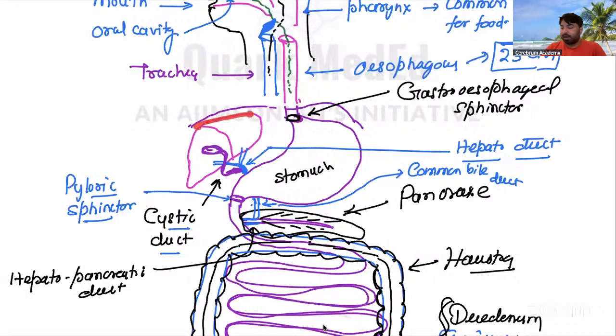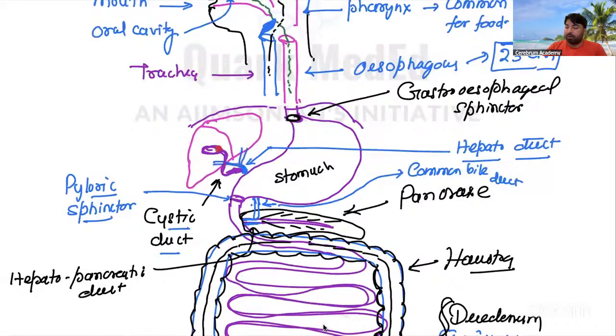And then this is the liver. There are two parts in the liver, left and right. From each part of the liver, one duct comes out, called the hepatic duct: the left hepatic duct and the right hepatic duct.